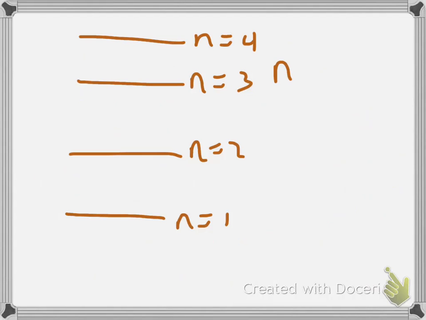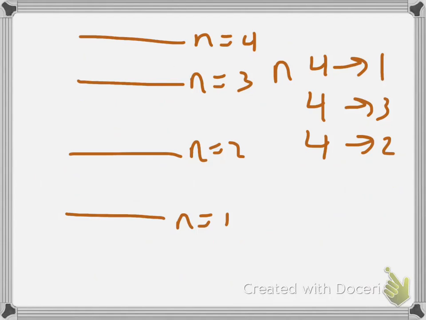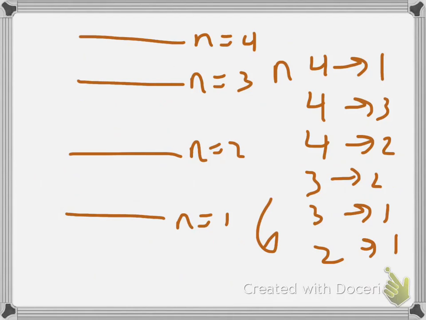So the first one could be 4 to 1. Another one could be 4 to 3. It could do 4 to 2. It could do 3 to 2. It could do 3 to 1. It could do 2 to 1. For a total of 6 different frequencies that could be emitted. You have to look at all the possible jumps for that electron as it goes back down.